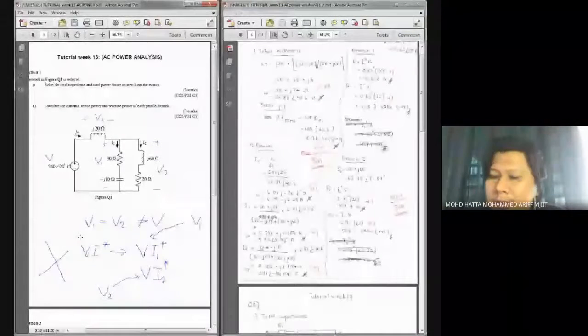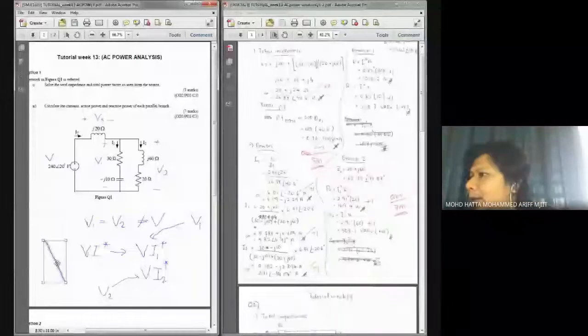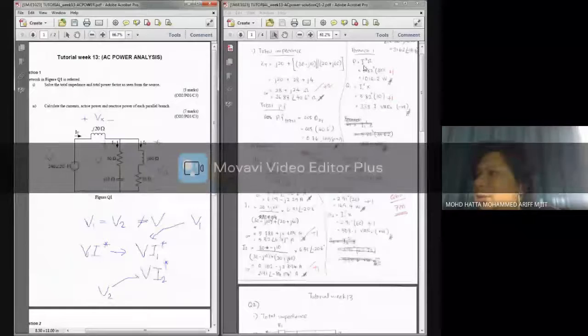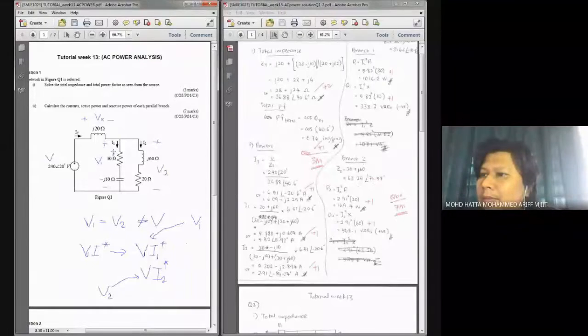So that's why here I use, although this is actually correct, the current information. To get P, I use I1 squared times R, because P is only due to this component.